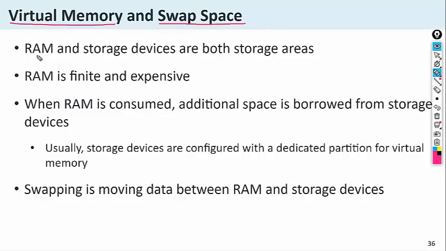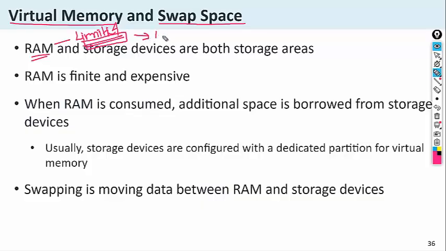Actually, as you know, the RAM or volatile memory is finite. Finite means limited. It depends on the motherboard and the CPU, so there is some limitation of the memory.